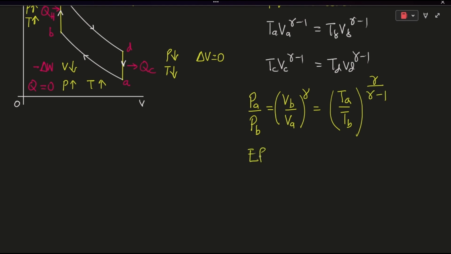And efficiency of the OTTO cycle, let's denote by the letter N, is given as, where R is the compression ratio.